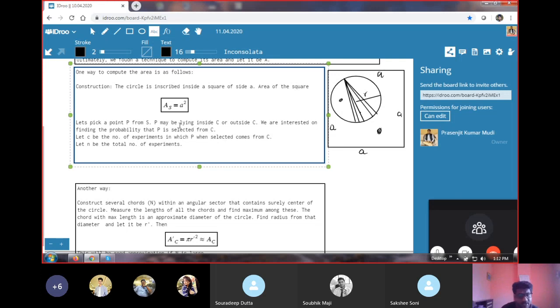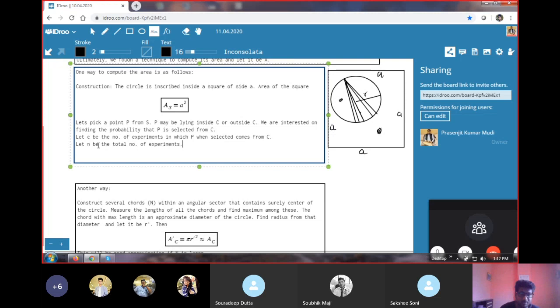Okay, so this I can do. If I randomly select a point P, I can check whether that point is lying inside the circle or not. If I am given a circle C, I can check that. The small c is the number of experiments in which P, when selected, comes from C, the circle, and suppose n is the total number of experiments.